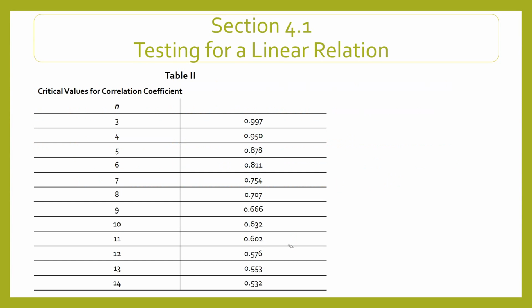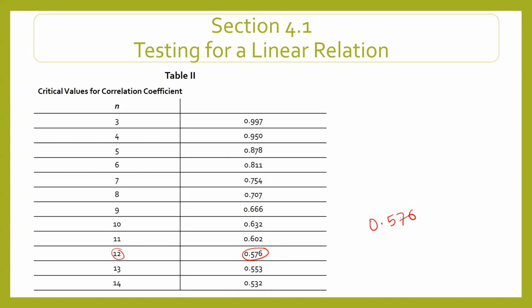So here is the critical value for the correlation coefficient. Remember that the n for the example we just did is 12. So the critical value is 0.576. I'm going to use this in the next slide.